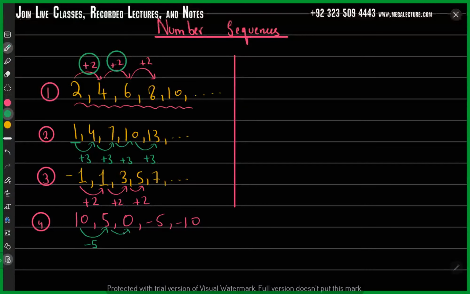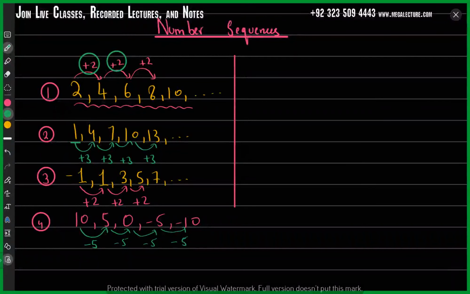Again, I'm going from 5 to 0 by subtracting 5, and for the last one, -5 would give you -10. We know either we are adding something or we are subtracting something, and this is a sequence.